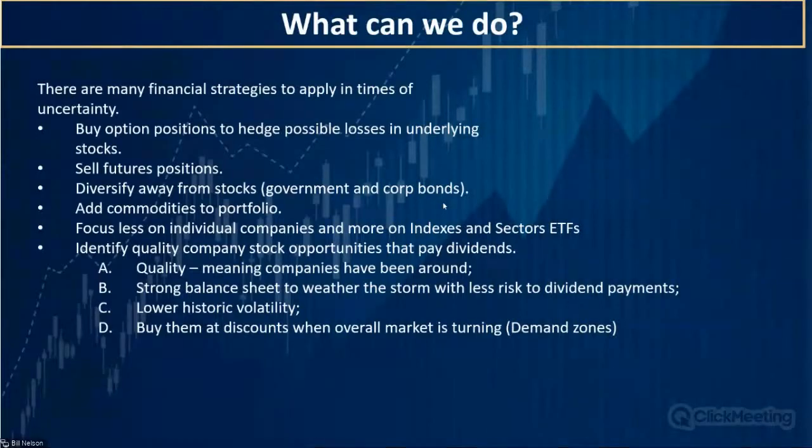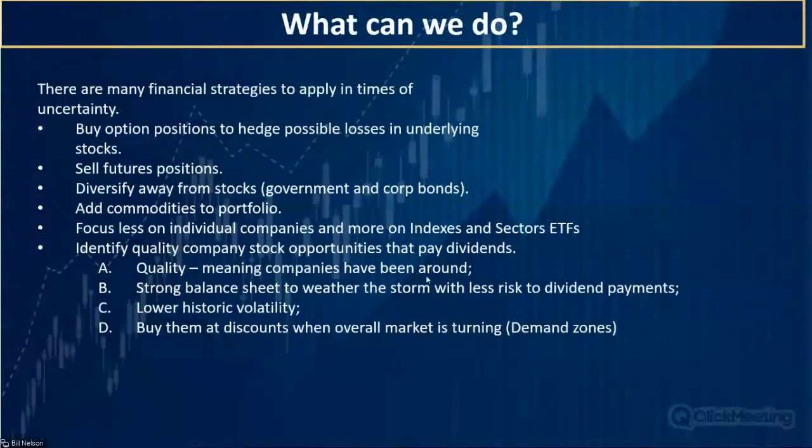The other component, potentially instead of holding cash, is adding some commodities to your portfolio. Many people will use gold, but you can also use other commodities that might go up in price or hold their value if the stock market were to take a dip.